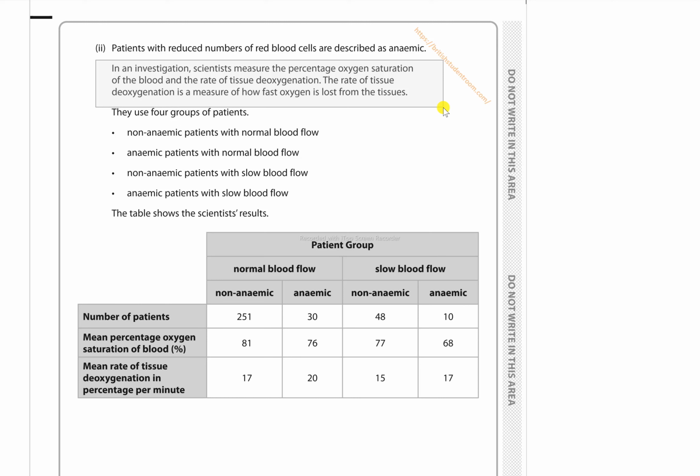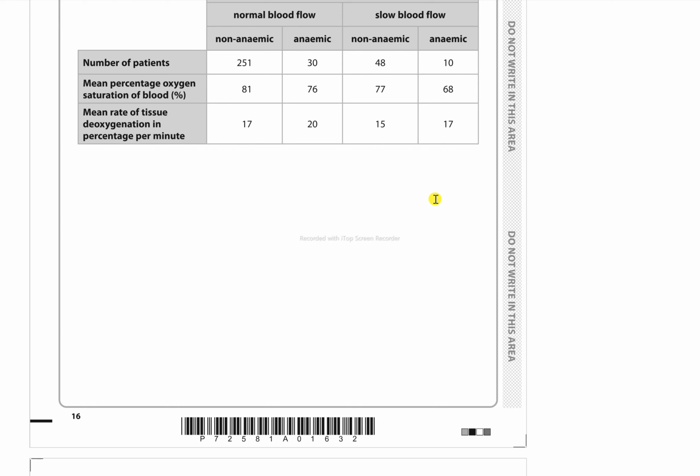The rate of tissue deoxygenation is the measure of how fast oxygen is lost from tissues. The 4 groups are: non-anemic, normal; anemic, normal; non-anemic, slow; anemic, slow. And here are the results.